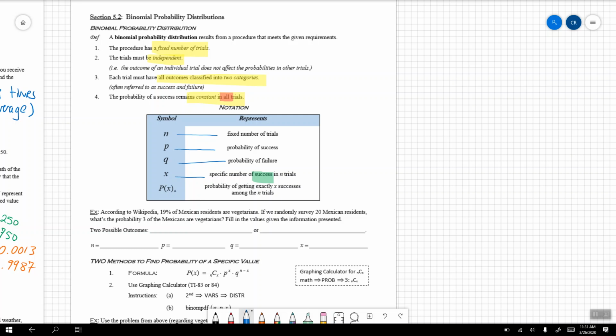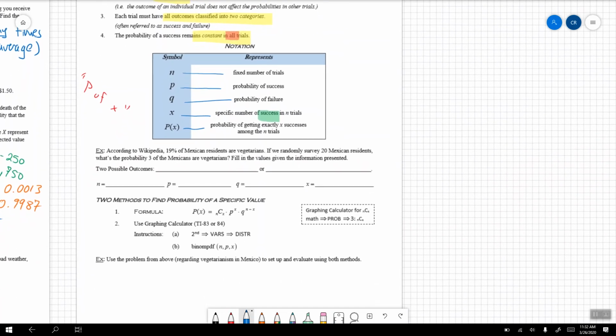And finally we have P of X. P of X is what we're looking at when we're trying to find a probability. In other words, the probability of getting exactly X successes among those N trials.